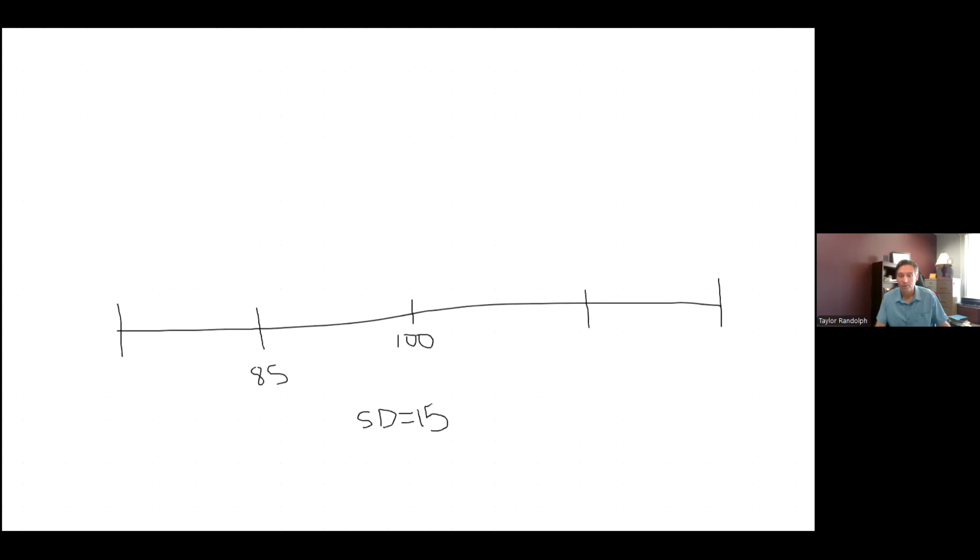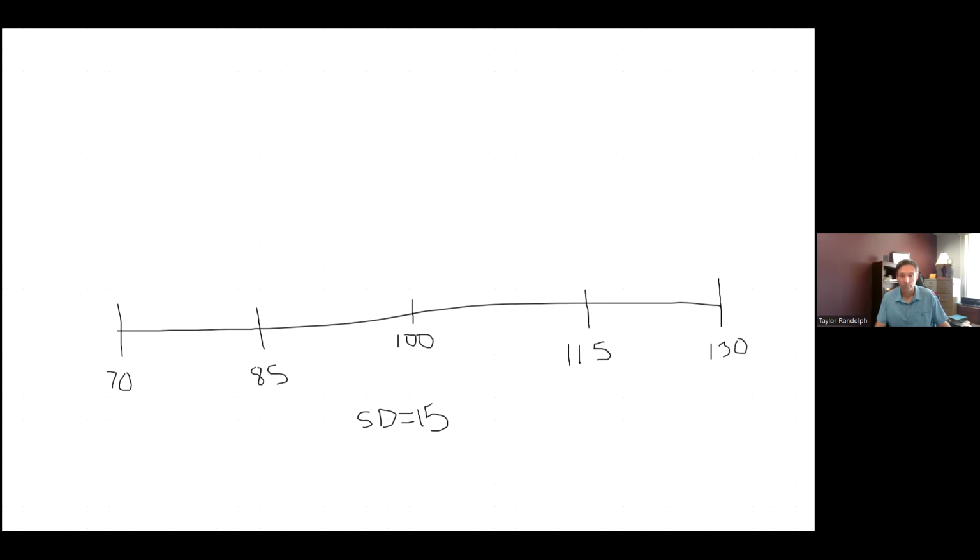And so you start to cluster people a lot around these particular anchors. Actually, if you're going to qualify for disability, your IQ has to be 70 or below. So you can see it's 2 standard deviations below. And in this case, the mean is 100.